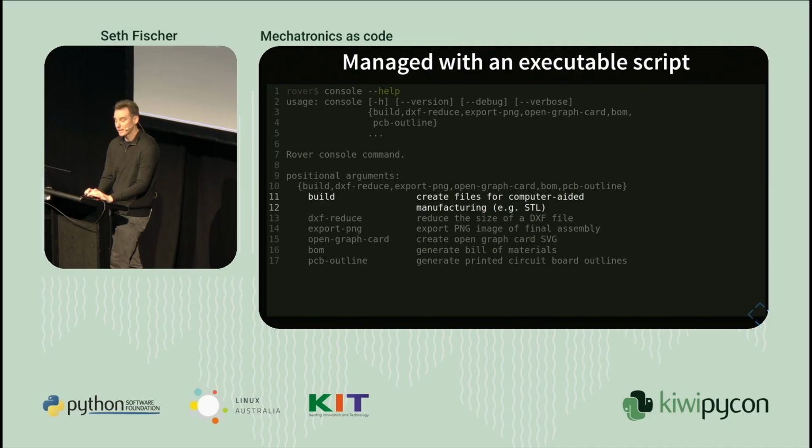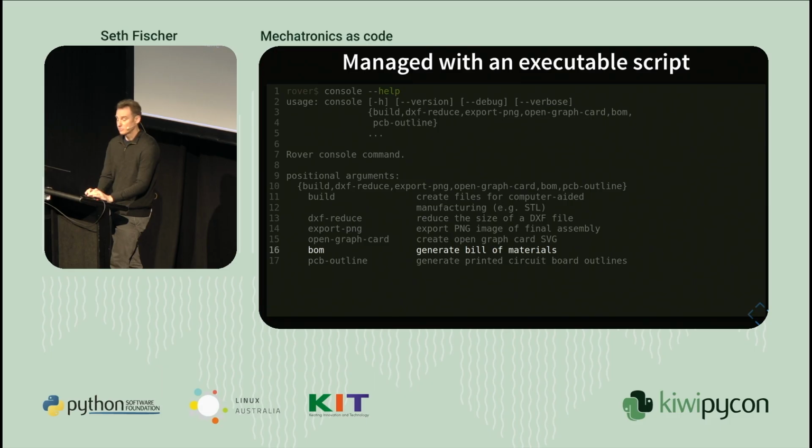The build sub-command will create files for manufacturing, for example, 3D printing. That's just a helper function I wrote to reduce bloated DXF files. This export PNG creates a raster image of the rover from the code, which is also used in the Open Graph card.